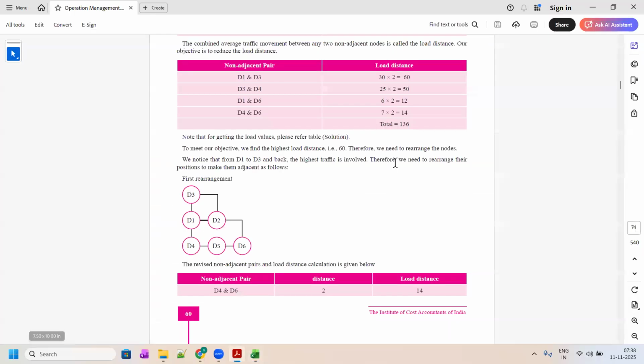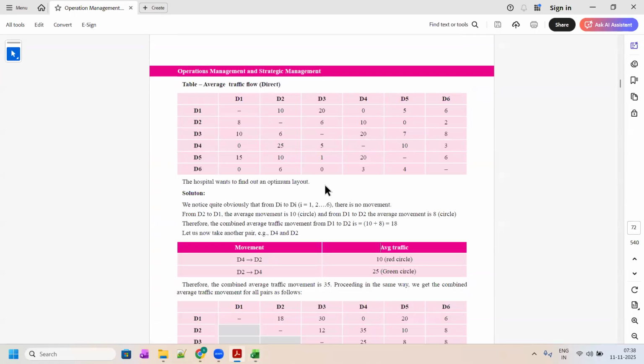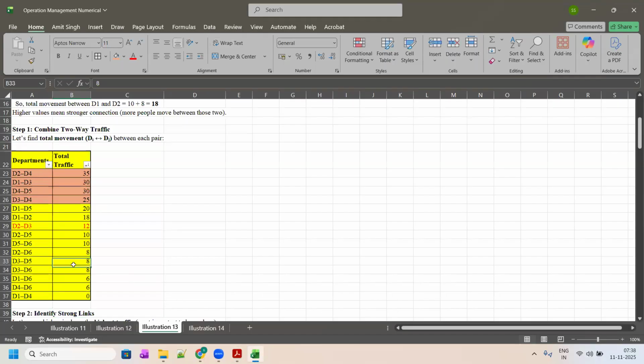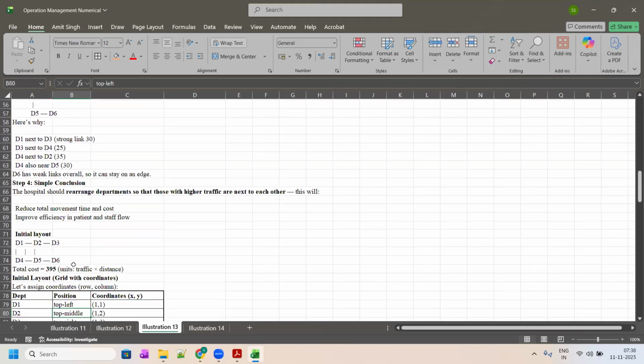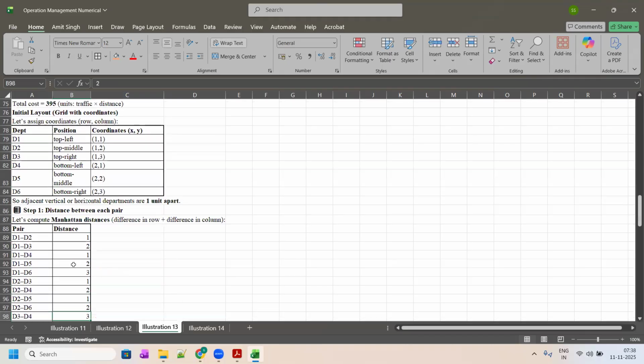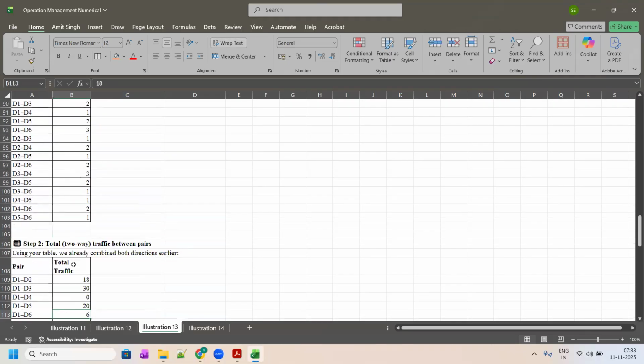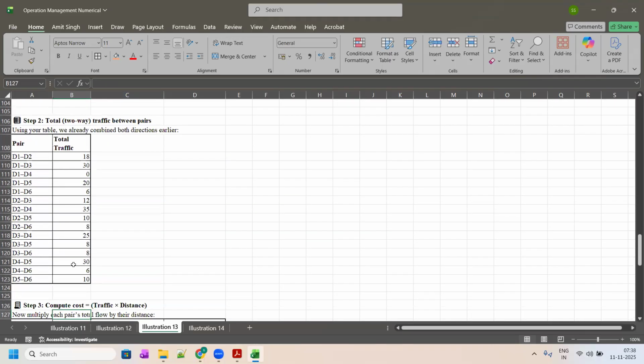We just write this down, and we can calculate the distance, and then once we calculate the distance, we can calculate the figure value, the coordinate based on the distance we got. The traffic data we already have.